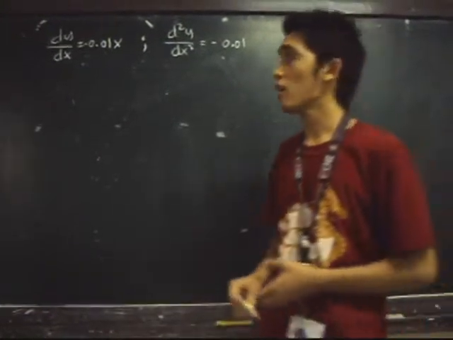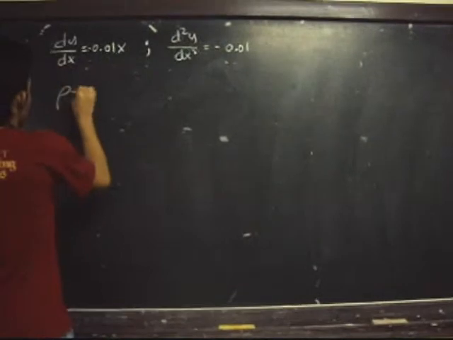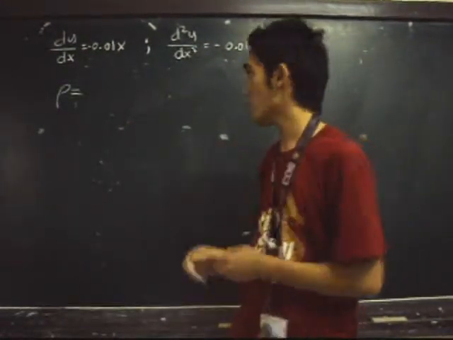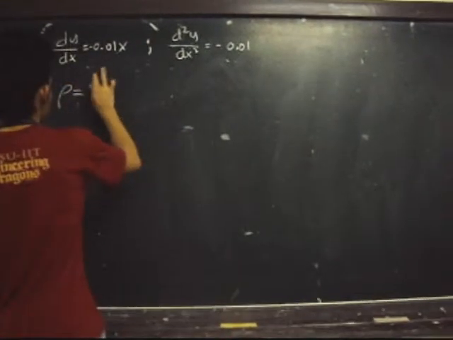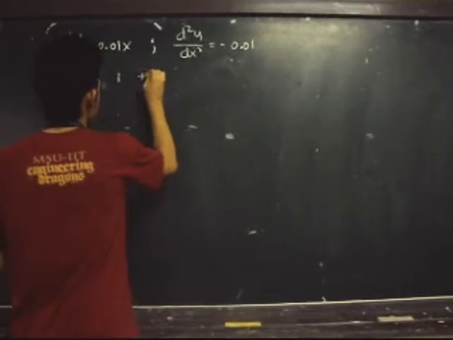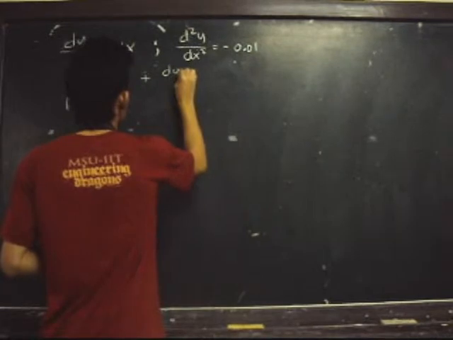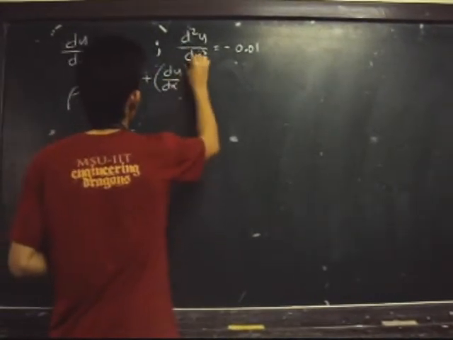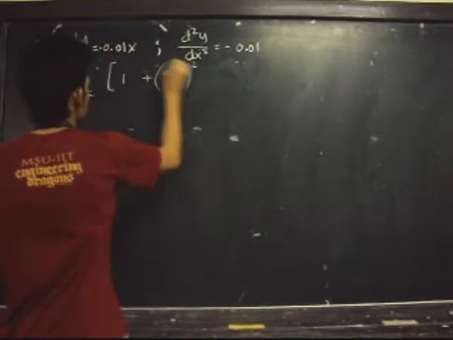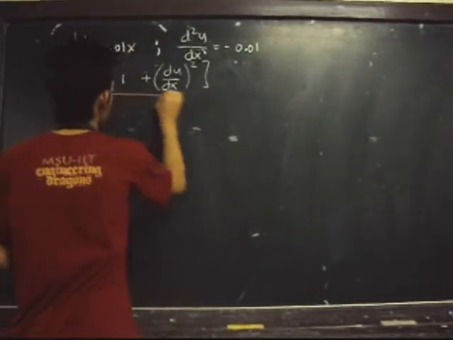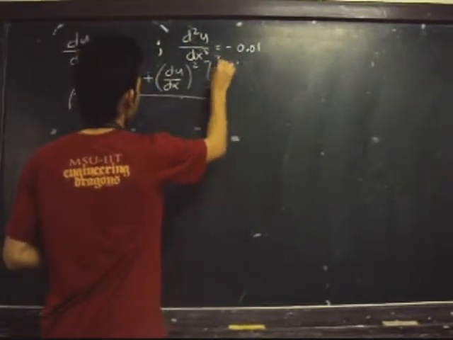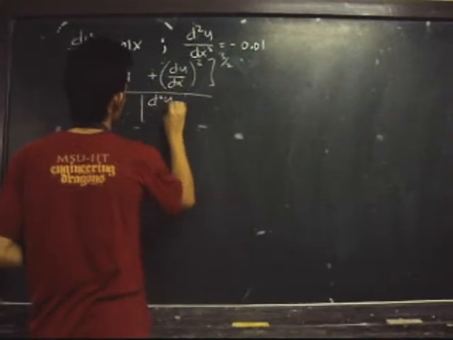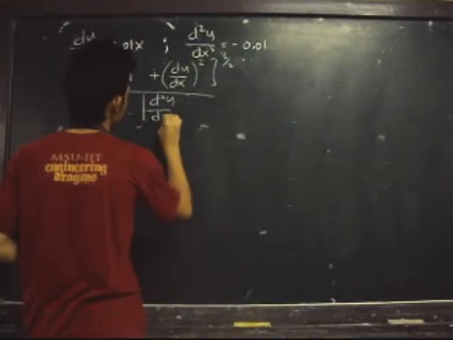We have the equation for the radius of curvature as 1 plus the square of dy over dx, all to the 3 halves power, over the absolute value of the second derivative of the equation.